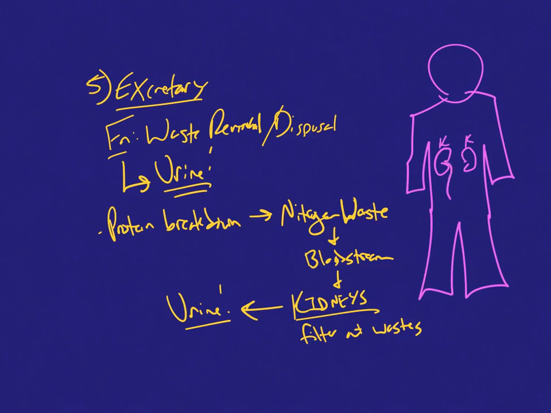And each of those kidneys has a tube that comes out called a ureter. And that ureter is going to carry urine down to the urinary bladder. And then you've got another tube called the urethra that carries that urine out of the body.